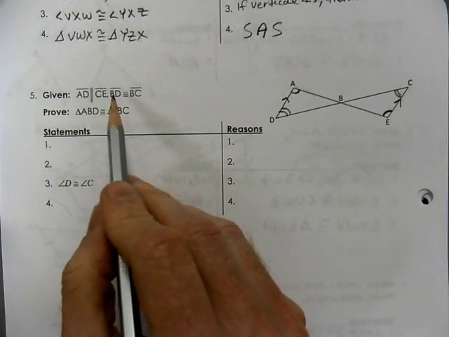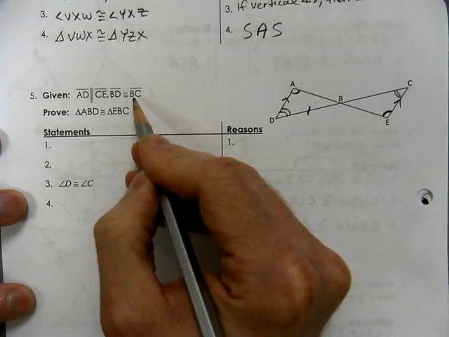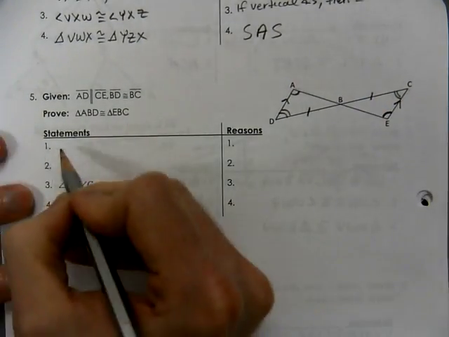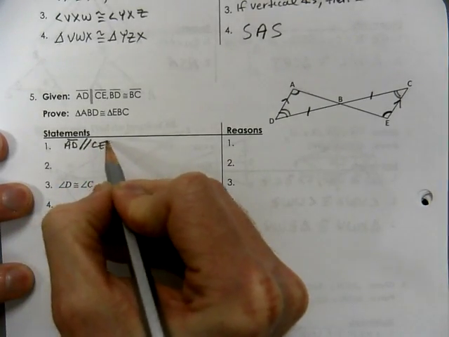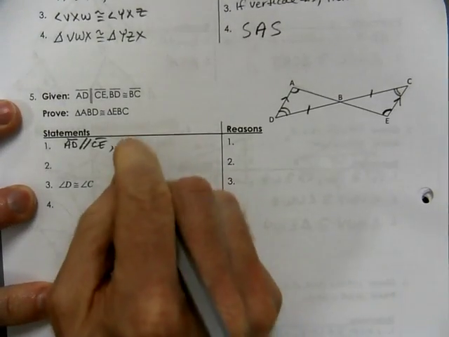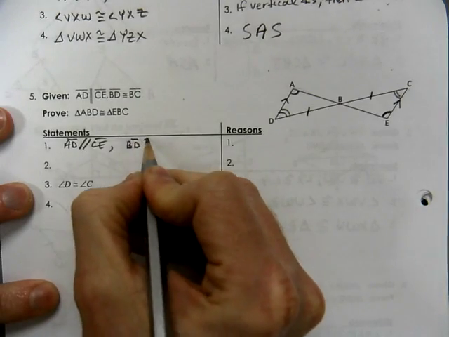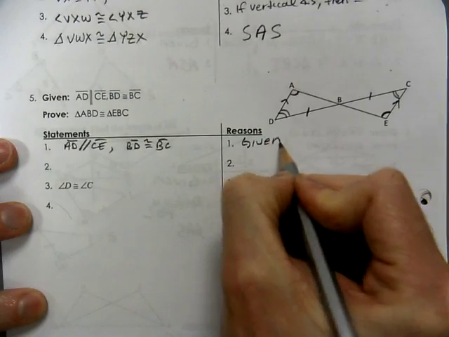We also know that BD is congruent to BC. So we're going to start out with our parallel segments and our congruent segments. That was from our given.